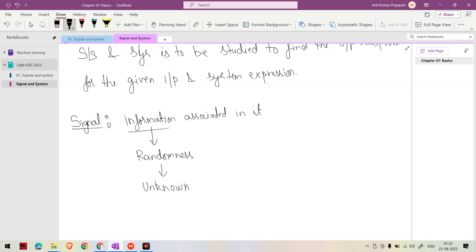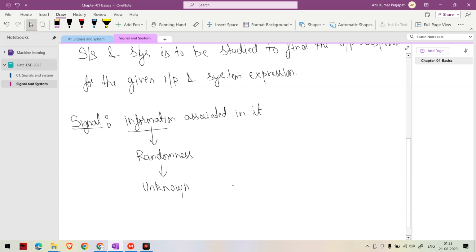Then that is a random thing, so it contains more information. Another example, if I do a journey by train, and all the trains are going at the normal time, there is no information in it. But if suddenly the train becomes late by 10 hours, then there is information in it, because we don't have any prior knowledge, or it occurs randomly.